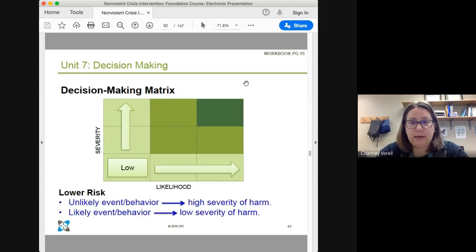Just going back a second, the other transportation example I didn't give was that second option under lower risk. So cars, very likely to end up in car accidents compared to other modes of transportation. But when they do, it's a low severity of harm. Now, we all know somebody that maybe has been in a severe car accident, but just looking at the big picture, they're mostly fender benders that have a low severity of harm.